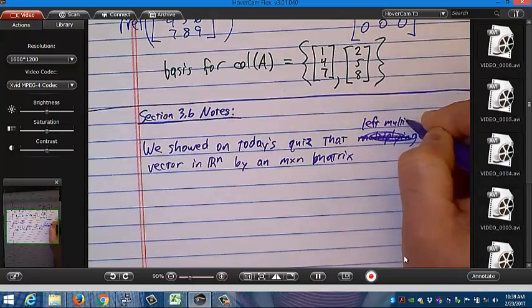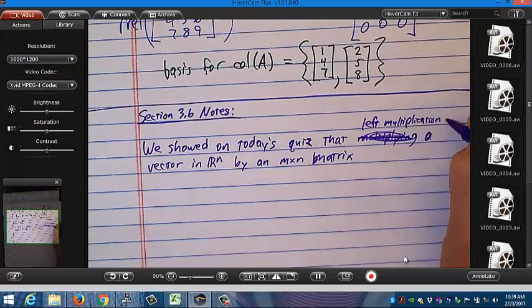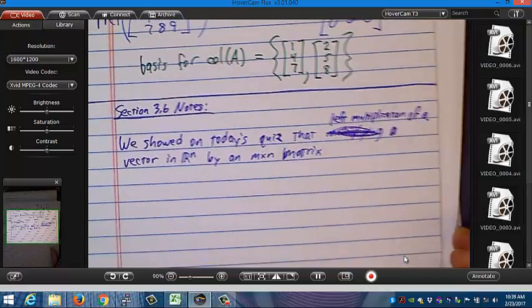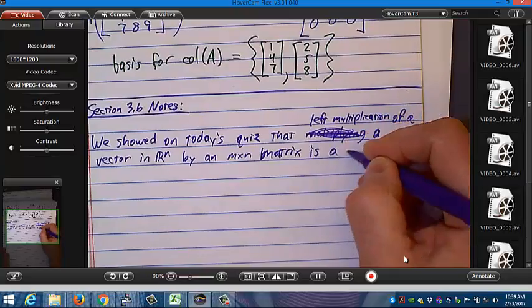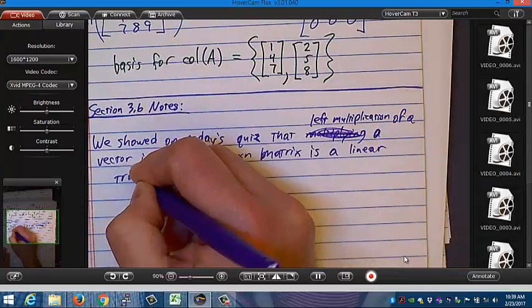Because you put the matrix on the left. Left multiplication of a vector in Rn by an m by n matrix is a linear transformation. So we showed that.